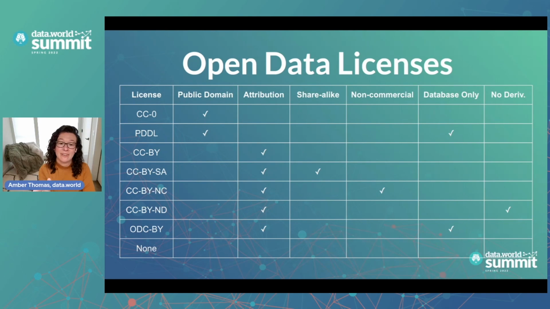Some of them, if there's a check mark in the attribution file, they need to provide attribution to where they got the data set from. If you are planning to use open data in your business for commercial purposes, you need to make sure that the data you're using is licensed in such a way that allows for commercial use. Otherwise, you are not using the data set the way that it was intended, and so on and so forth.